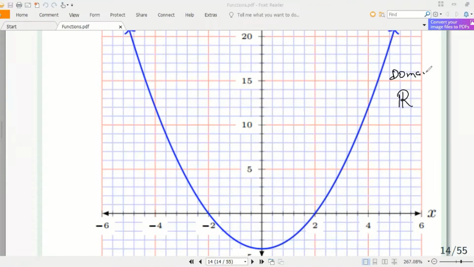Now, if you do not want to write it this way, then you would say that the domain is between -infinity and +infinity. But then -infinity is not included, and infinity is also not included. So you can write the domain like this or like this.